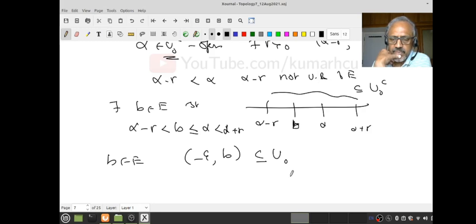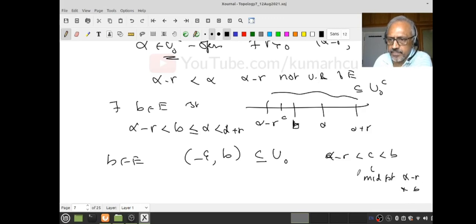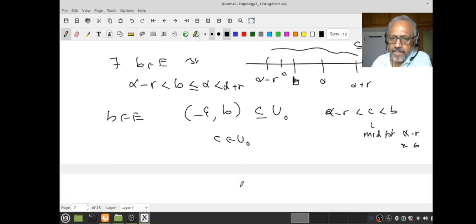Therefore, in particular, if I take C a point so that alpha minus r is less than C less than B, for example, it could be the midpoint of alpha minus r and B, the C has to be in u naught. You follow that? Of course I am assuming that r is small enough, etc.